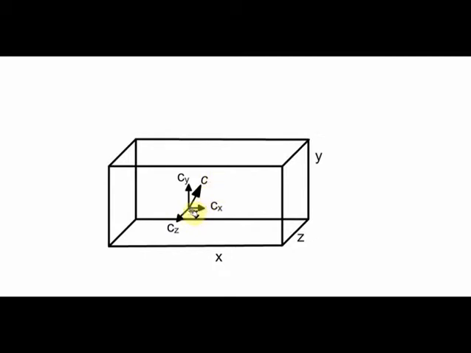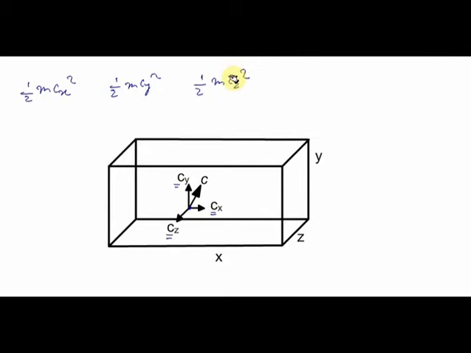The velocity of the gas molecule is c, and we have broken down this velocity into three components, that is along the x direction cx, along the y direction cy, and along the z direction, that is cz. So the kinetic energy due to the velocity along the x direction would be half m cx square, and kinetic energy due to velocity along the y direction would be half m cy square, and due to velocity along the z direction would be half m cz square.